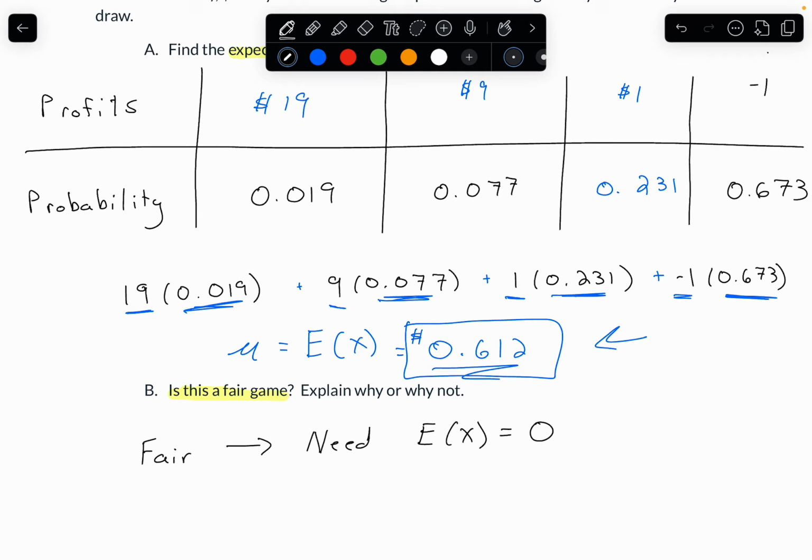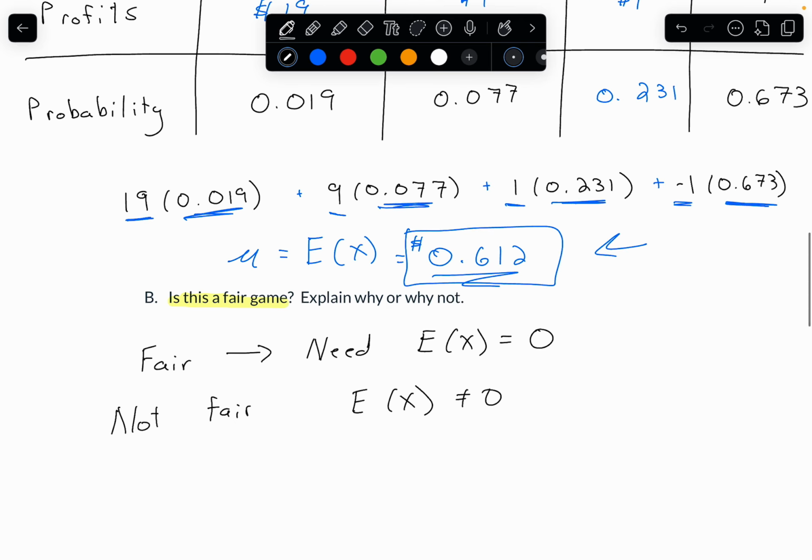If it's not fair, then that means the expected value is just not equal to 0. Now, it's easier to see in some situations than others. If you have a negative expected value, for example, if your expected value had ended up being, let's say, I'm going to make up a number, negative 0.531, that would mean you lose roughly 53 cents on average every time you play this game, which is a little bit easier to see.